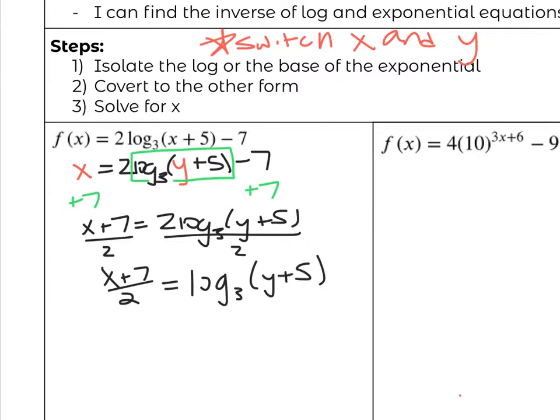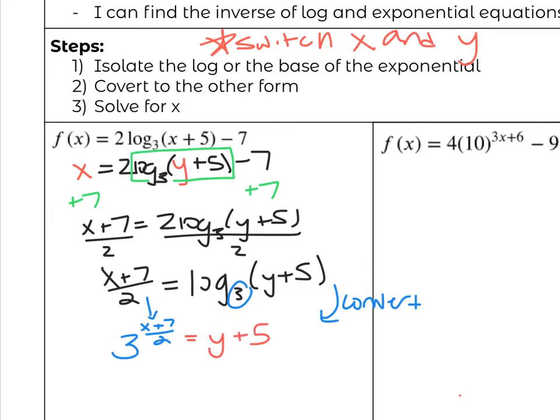This is a log, so I'm going to convert it to exponential. So I need my base. And then I'm going to raise it to the exponent, x plus 7 over 2 equals y plus 5.